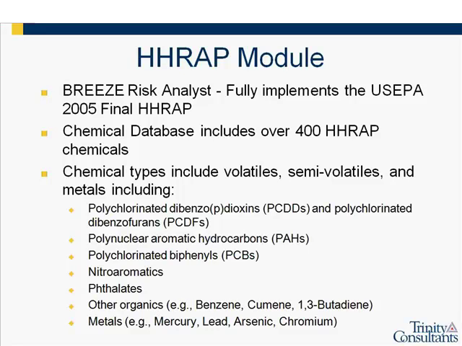Again, this module does fully implement the guidance document, listing some of the chemicals that are in here. The database contains over 400, although it's really unlimited. You can enter new chemicals and customize those.